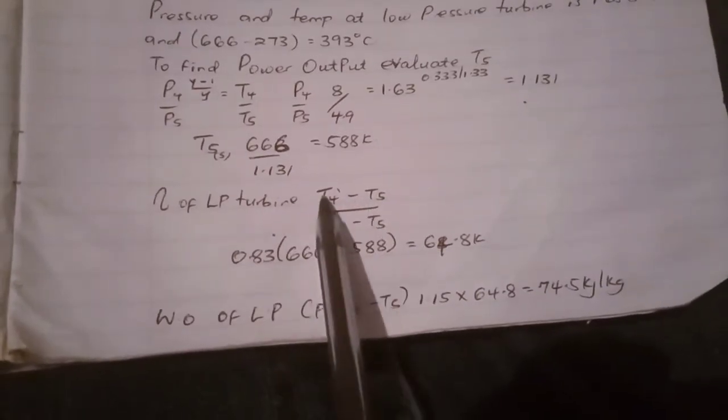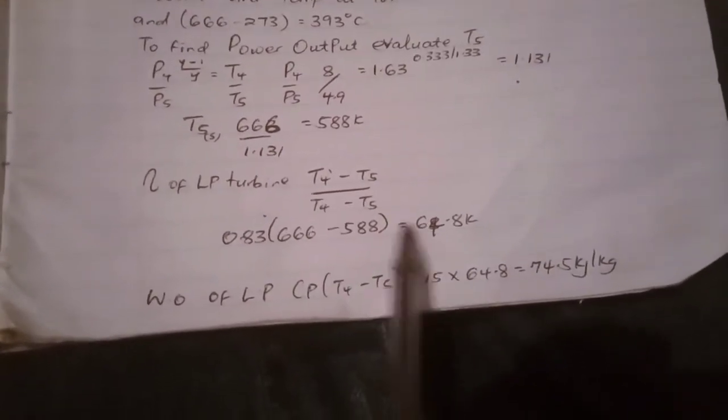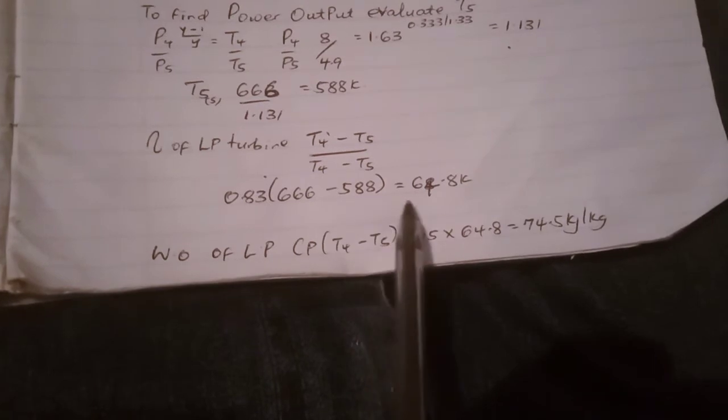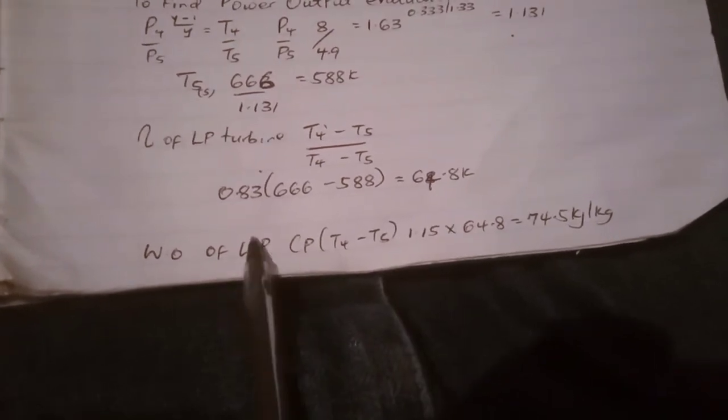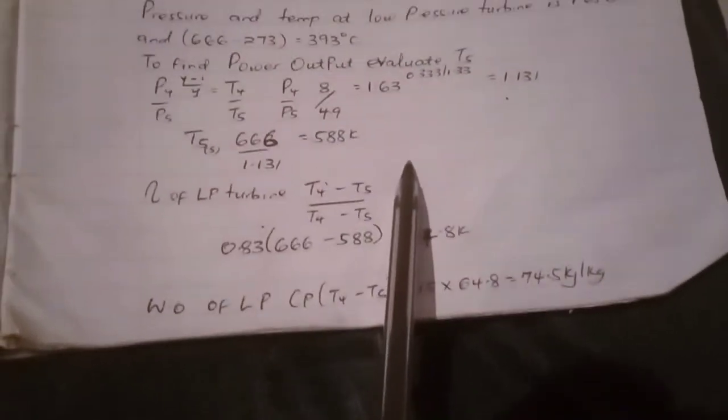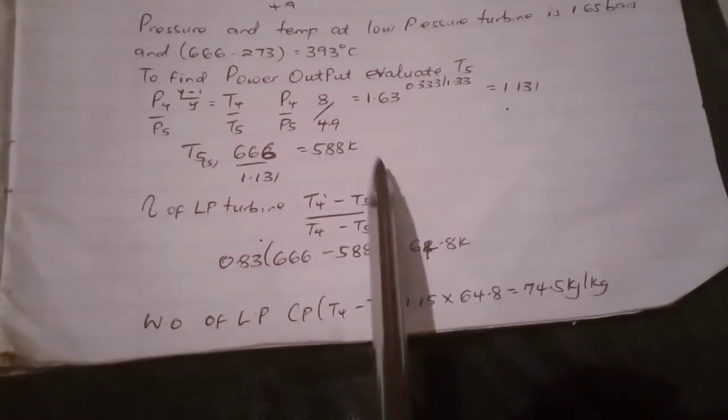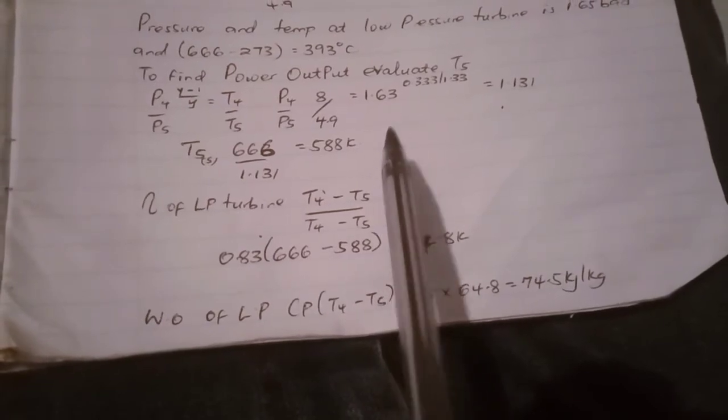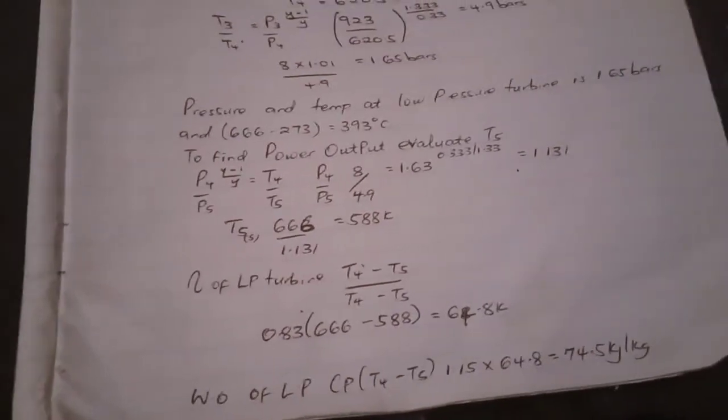Note that this is T4 prime. You get the work output of the low pressure turbine as 74.5 kilojoules per kg. Closely follow the procedure so that you get these things correctly.